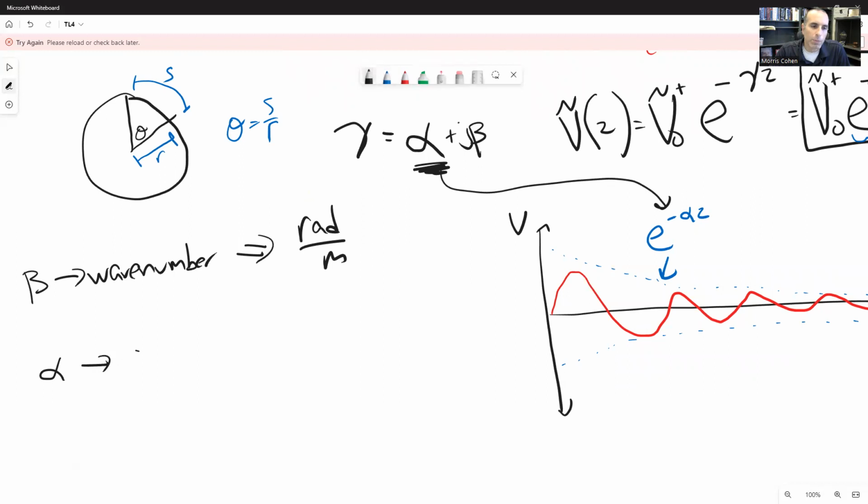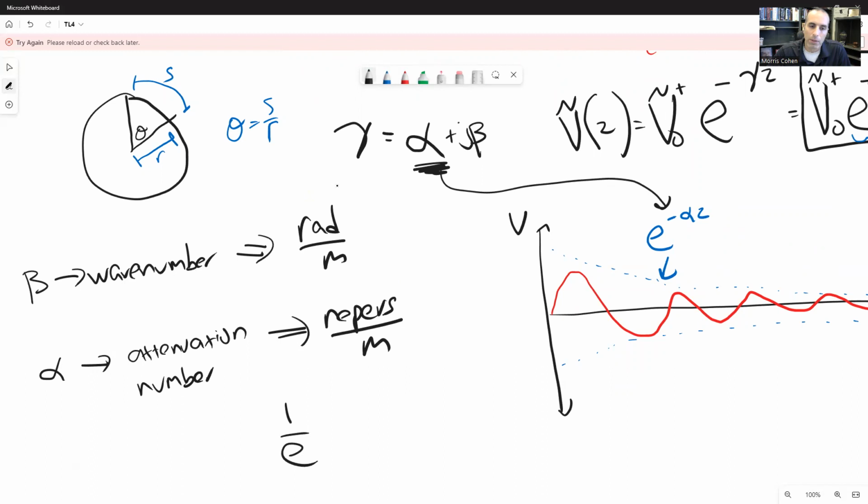Alpha is basically the attenuation number. And for that, we're going to have units of nepers per meter. All right. Nepers is also like a fake unit. It's a ratio, right? A single neper basically means that the amplitude has attenuated by a factor of 1 over e, right? So 1 over e is 1 neper.